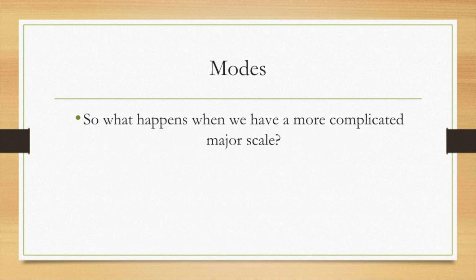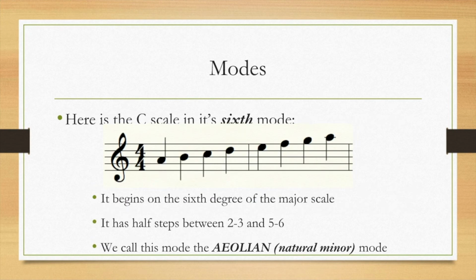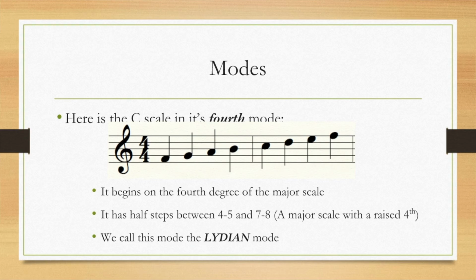So, what happens when we have a more complicated major scale? Always relate the keynote to a major or natural minor scale. For example, let's try the Lydian mode of the keys of F, D, and B flat. Okay? F has one flat in it, right? So if we wanted the Lydian mode, let's go back here. The Lydian mode starts on the 4th scale degree.